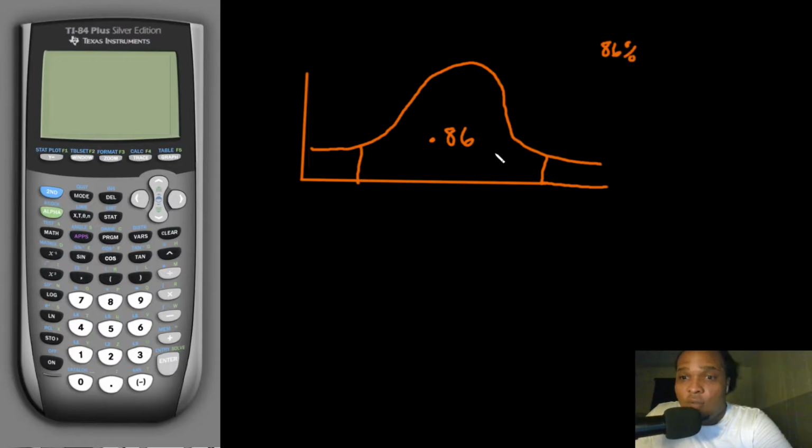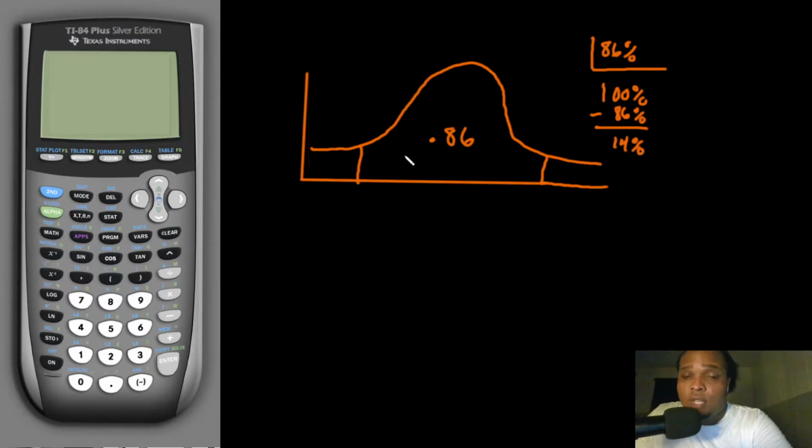As you all know, hopefully you know that the area underneath the whole histogram should be equal to 100%. So to figure out the missing pieces, you basically take 100% minus the 86%, and you get 14, right?